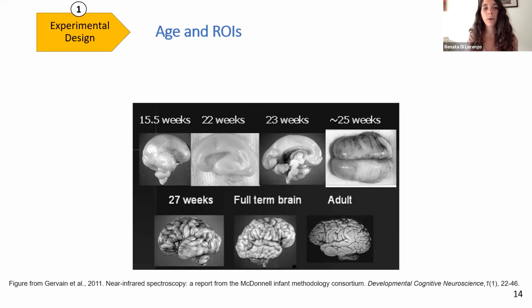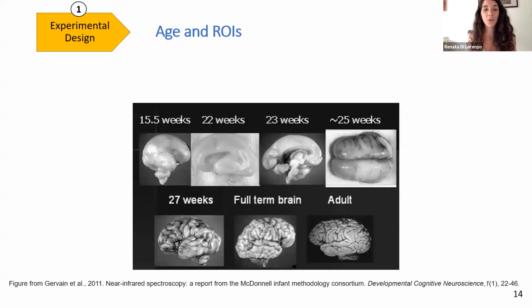So I'm going to talk about experimental design. The first thing that you need to consider when you design your own study is age and ROI, the region of interest. That is important because, what is your question?